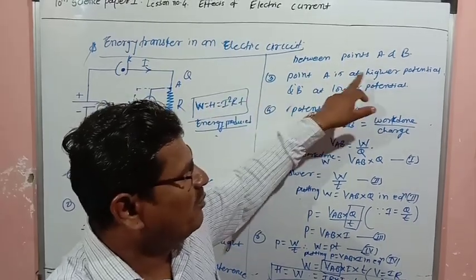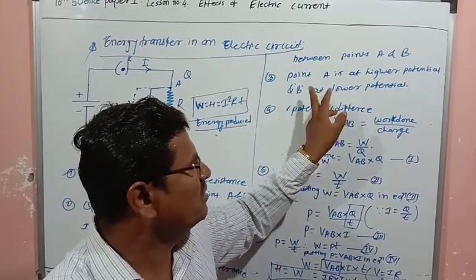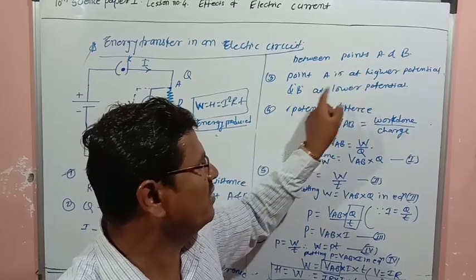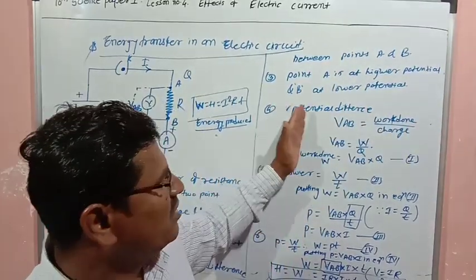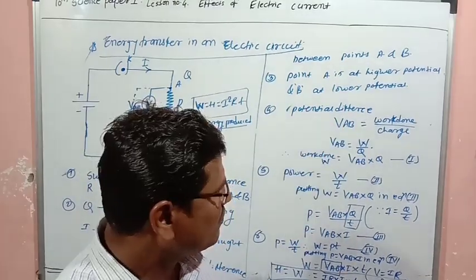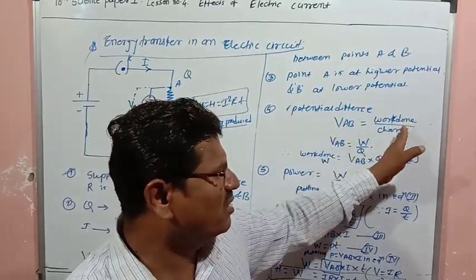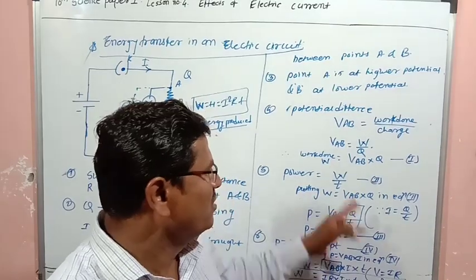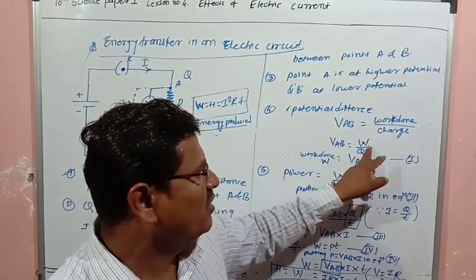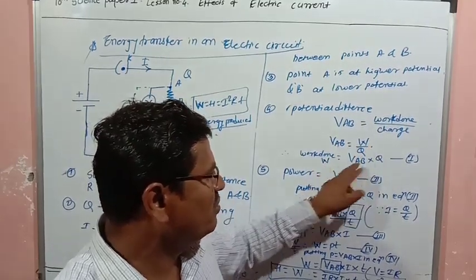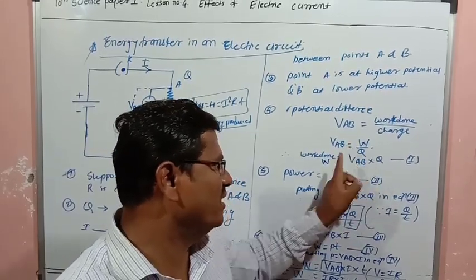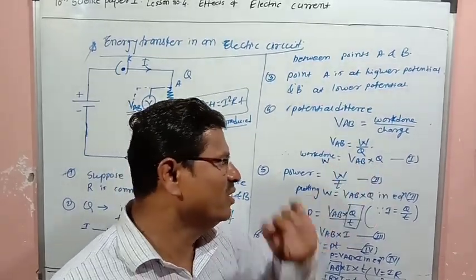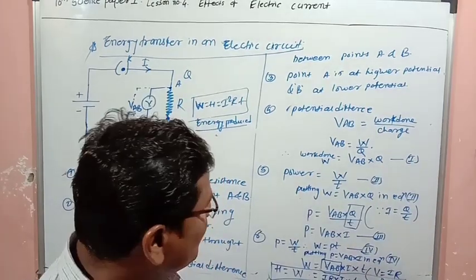At point A, potential is higher, at point B, potential is lower. Potential difference, we know, VAB is equal to work done upon charge. So VAB is equal to W upon Q, and if you rearrange this, Q will go to this side, so W is equal to VAB into Q, equation number 1.